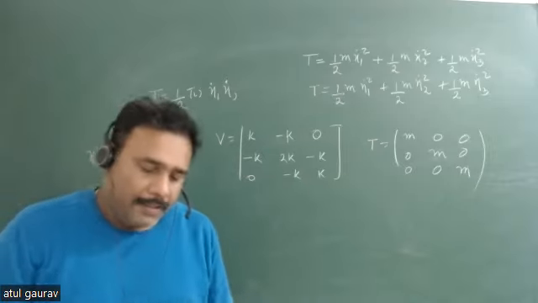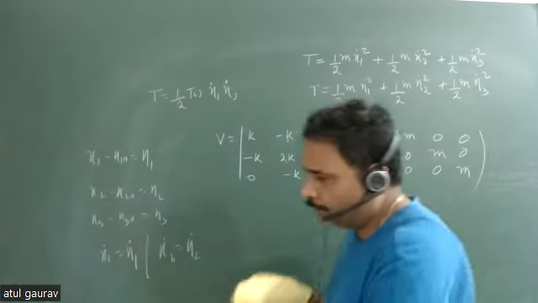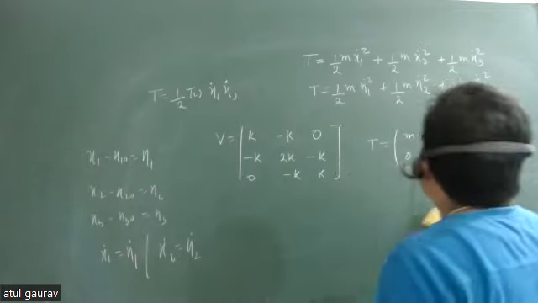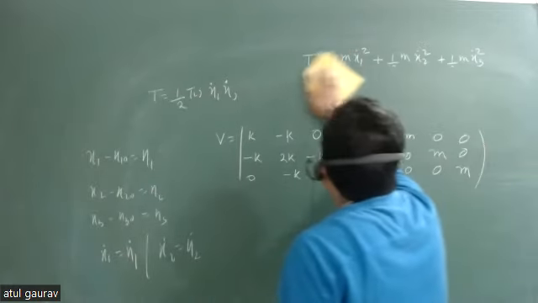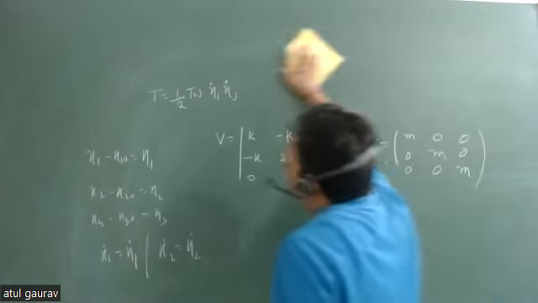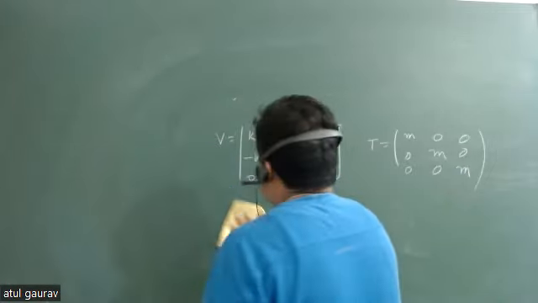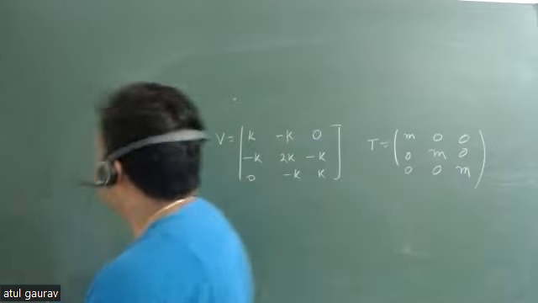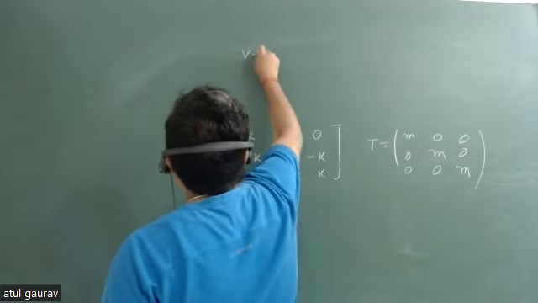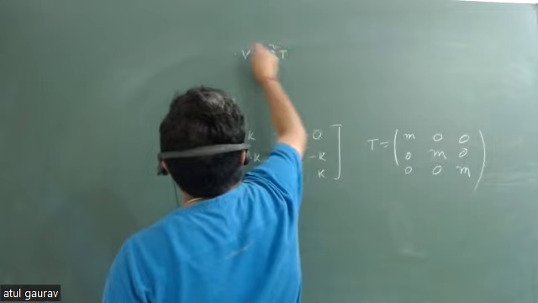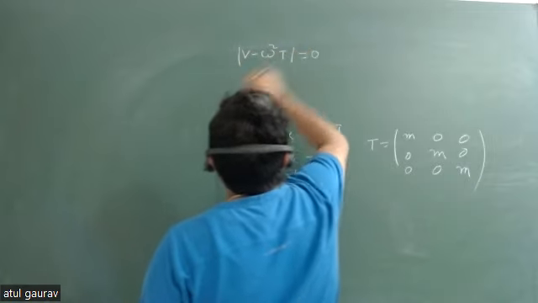So what is the next step? Using normal modes, the secular equation. When you write the secular equation, you have V minus omega square T equal to 0.